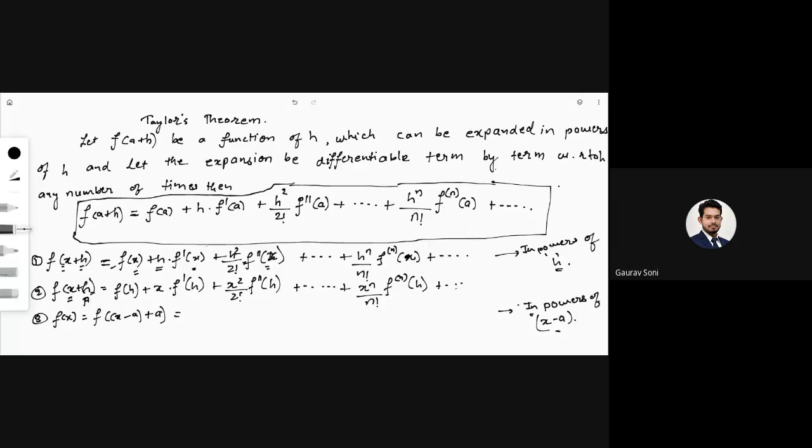So now I need it in the powers of x minus a. तो x minus a छोड़ के जो बचा है वहां पे derivatives find करना है. So that will be f of a plus x minus a into f dash of a, plus x minus a square by 2 factorial f double dash of a, plus up to x minus a raised to n upon n factorial f n of a and so on.